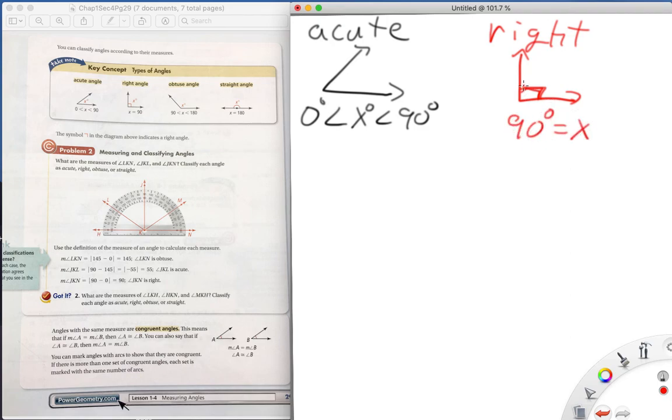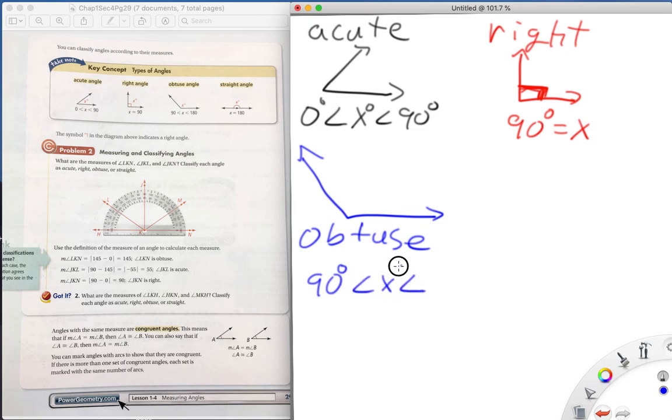We have the little box symbol here that tells me it's 90 degrees, or a right angle. We also have an obtuse angle, and an obtuse angle is an angle that is between 90 degrees and 180 degrees.